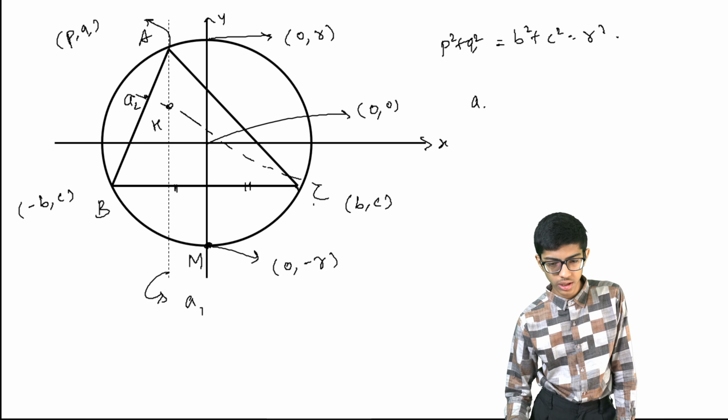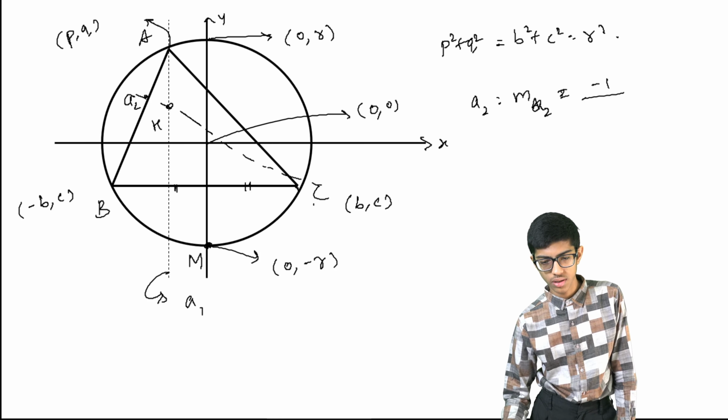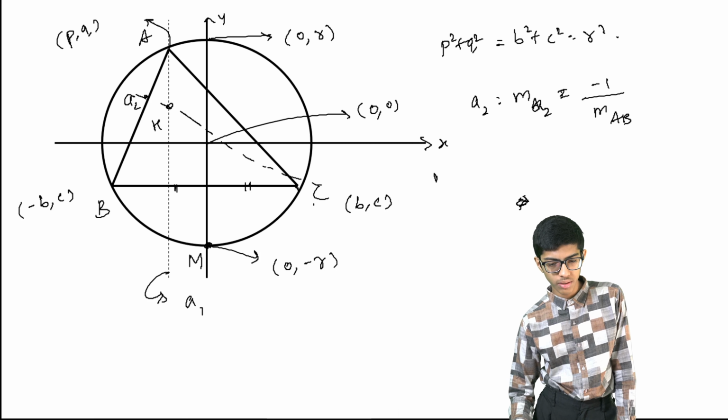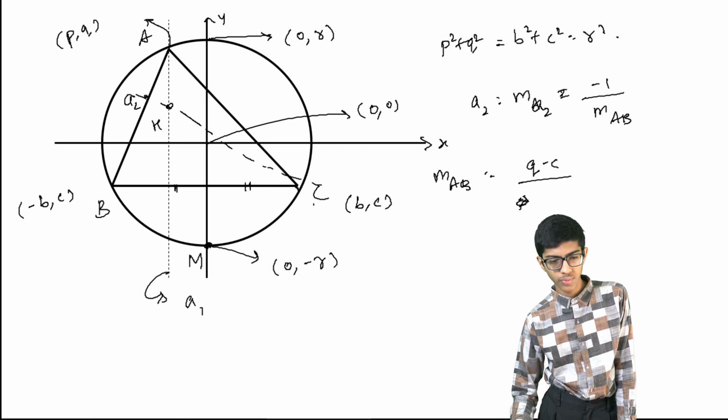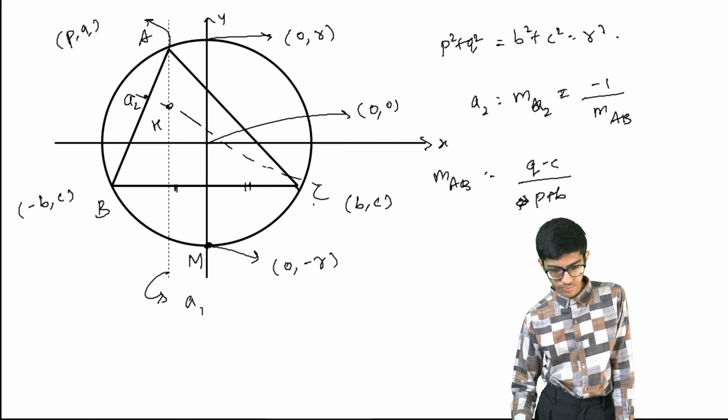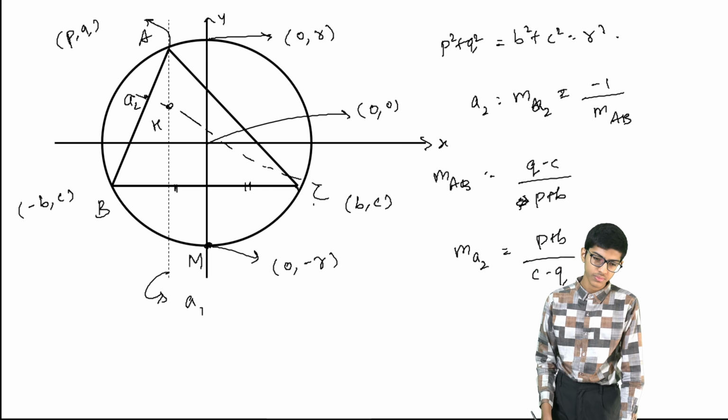Now for A2 we have the slope of A2 equals minus 1 by the slope of AB. For the slope of AB we have (q minus c) by (p plus b), and hence for the slope of A2 we have (p plus b) by (c minus q).